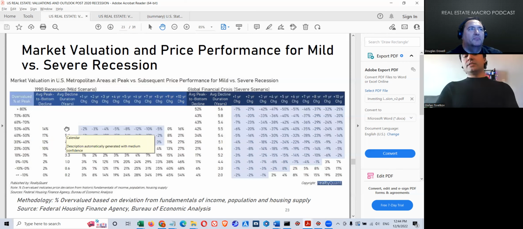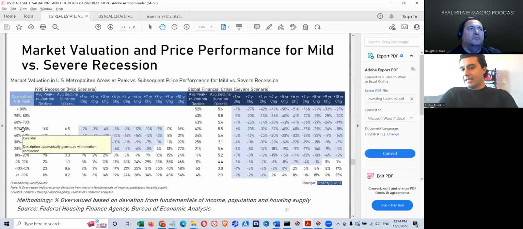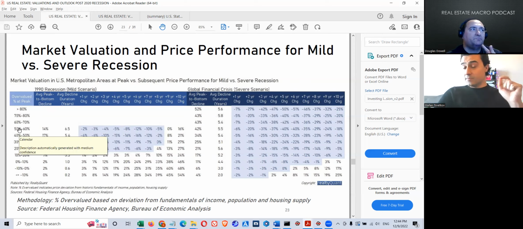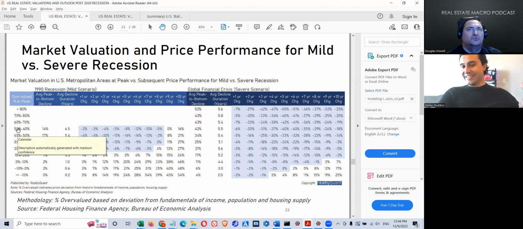But what it shows is that it still matters that you bought high. It still matters that you overpaid for that market, and think about it, this market at the time was the most booming one. If you bought something that was 50-60% overvalued, I can guarantee you this was the best performer that cycle. This was Hawaii, this was Oregon, this was California ahead of 1990.